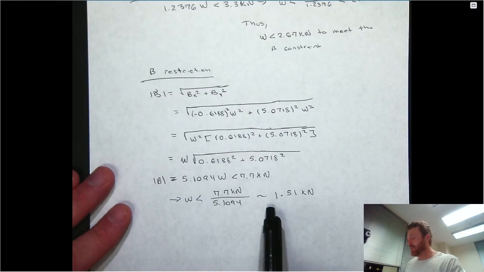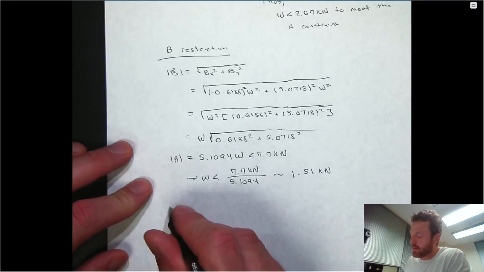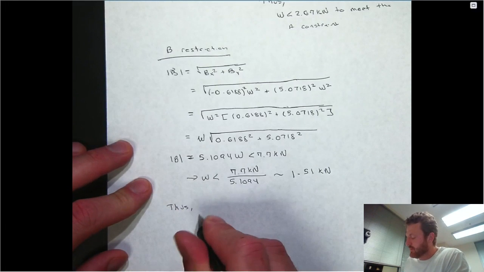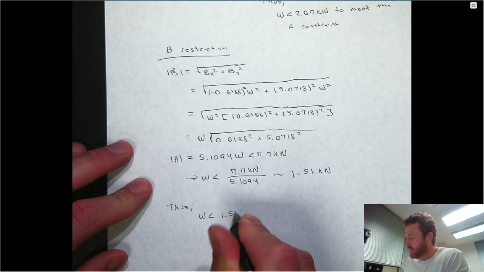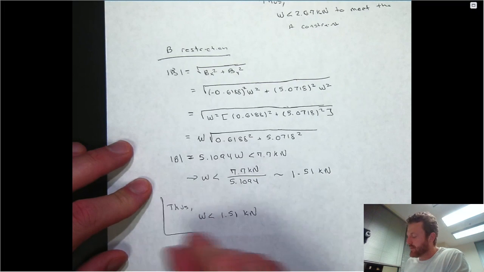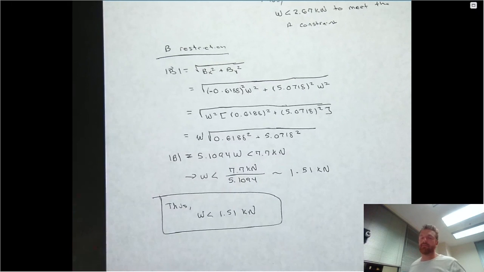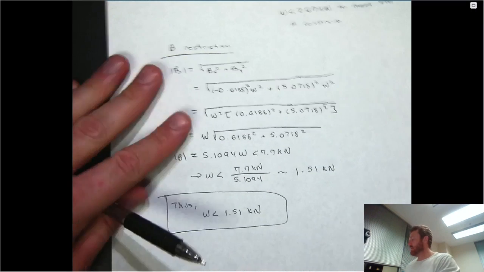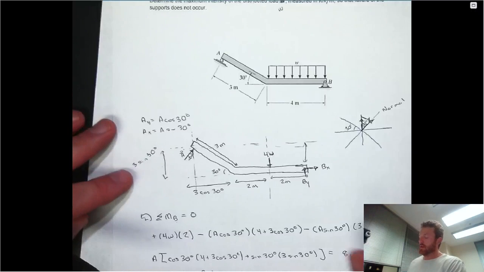B says keep it below 1.51 kilonewtons. So we say thus W must be less than 1.51 kilonewtons. It turns out that the constraints at A don't matter. We're not actually pushing those because of the way that this geometry is laid out.